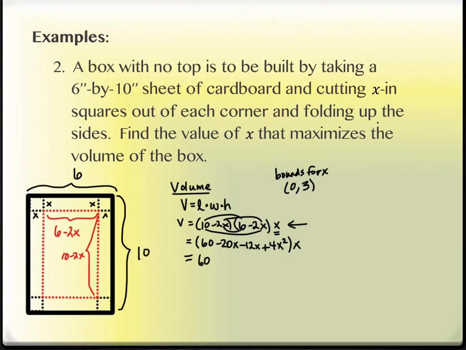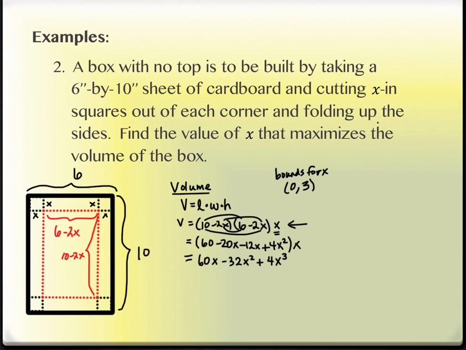So I have 60x. I have negative 32x squared, and I have positive 4x cubed. Okay. Does that look all right? I think that's what I have on my paper too.